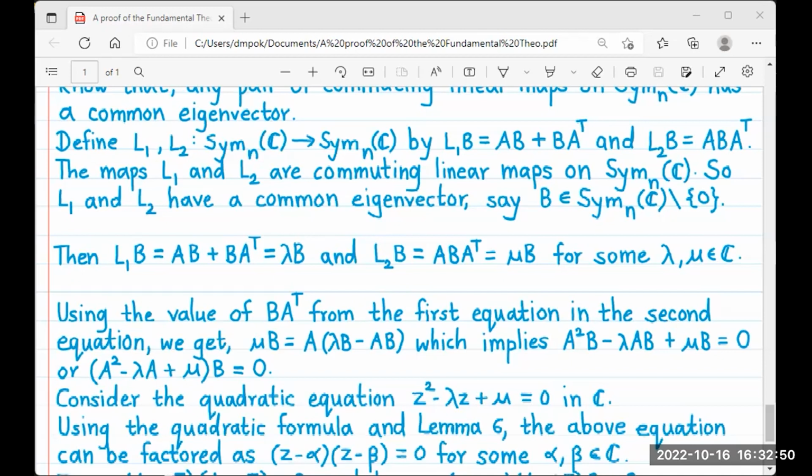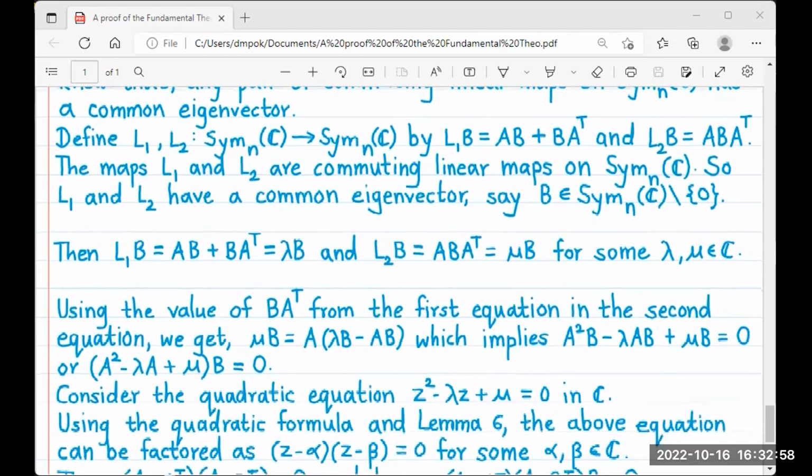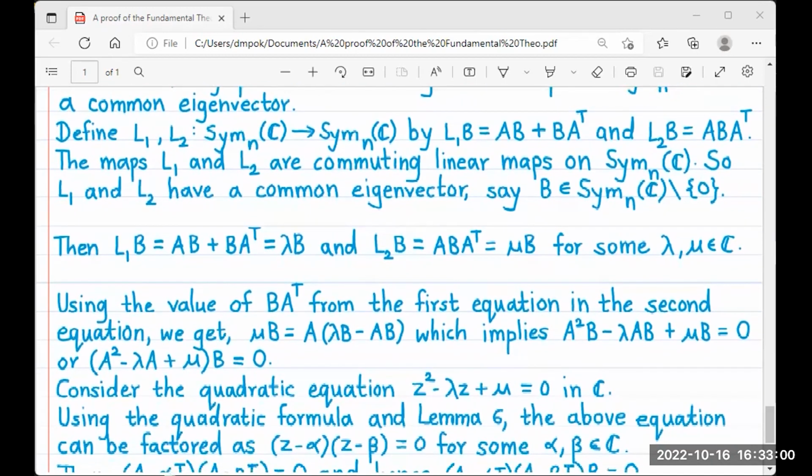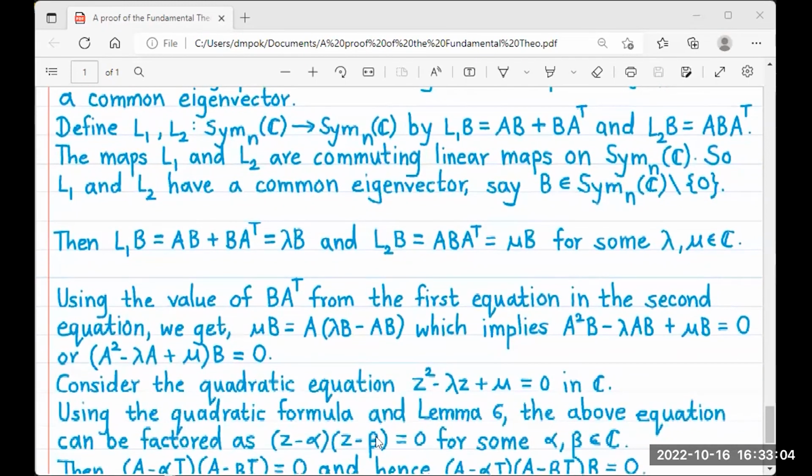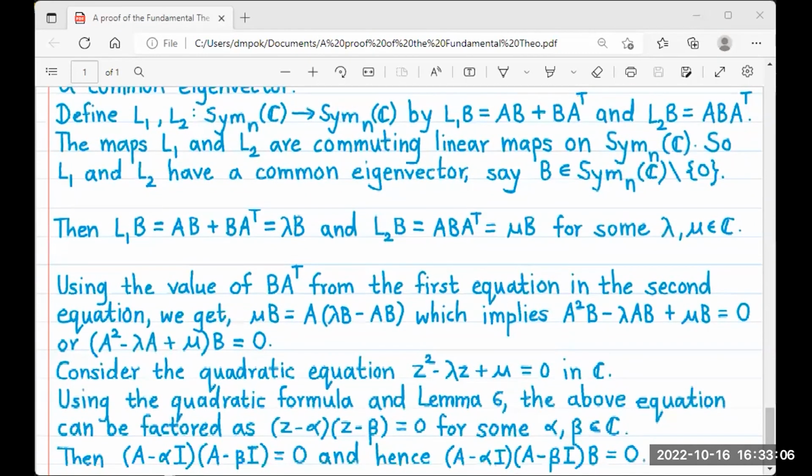A real quadratic equation need not be factorized like this using real linear factors. And then again we can come to the matrix equation using this quadratic equation. We can write it as (A − αI)(A − βI) is the zero matrix. So (A − αI)(A − βI)B will be the zero matrix.